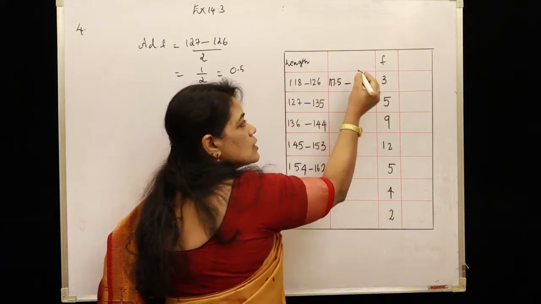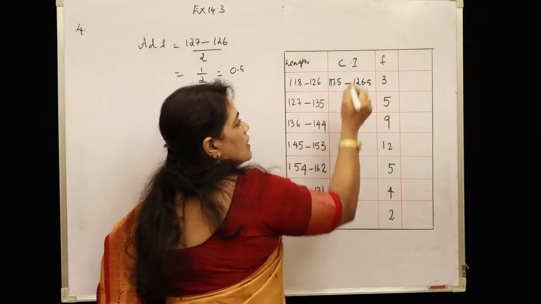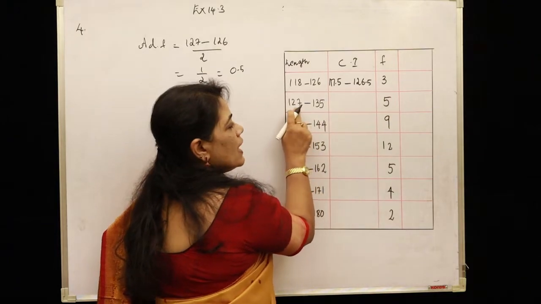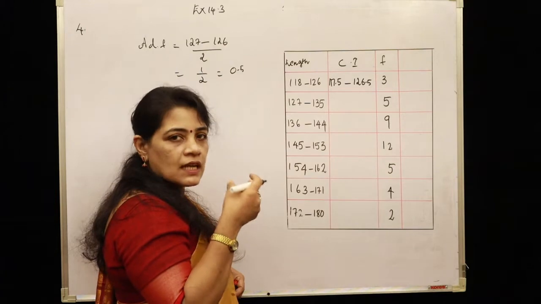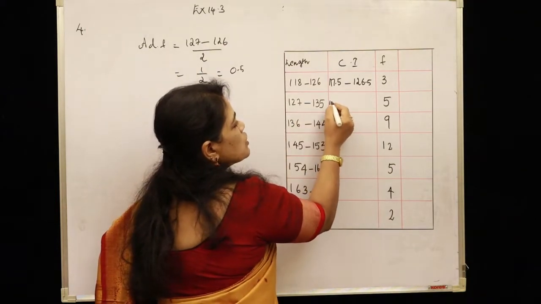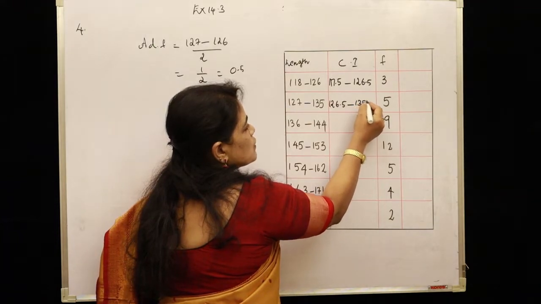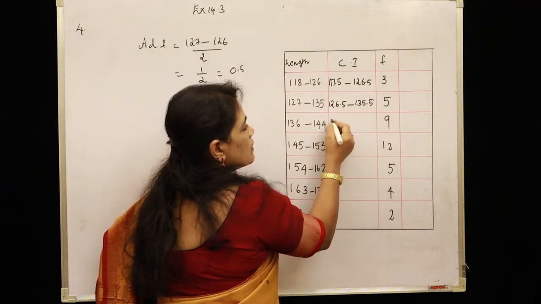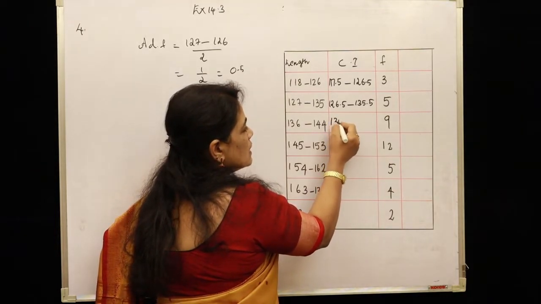So this is the actual class interval. Then again I am subtracting 0.5, the adjustment factor, from the lower limit of the second class interval, so it becomes 126.5, and I am adding 0.5 to its upper limit. Likewise, you can easily make this into continuous form.